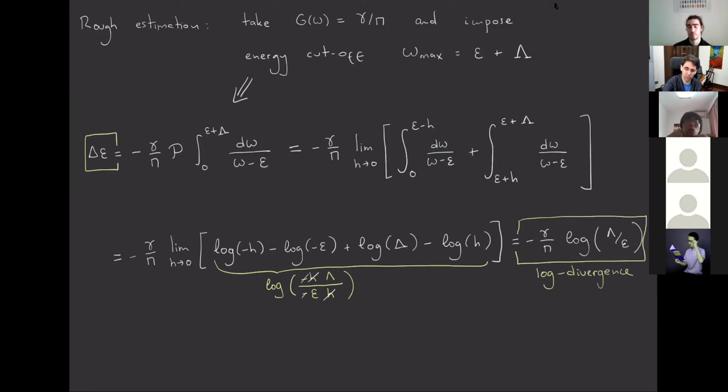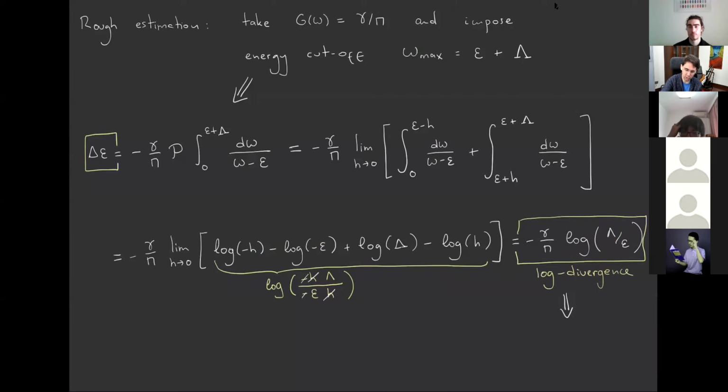And whenever we have a logarithmic divergence, we know that the dependence of the logarithm on the cutoff is very weak. So in particular, if you change the cutoff by an order of magnitude or by 2 orders of magnitude, you will just multiply the logarithm by 2. So it's not a big deal, okay?